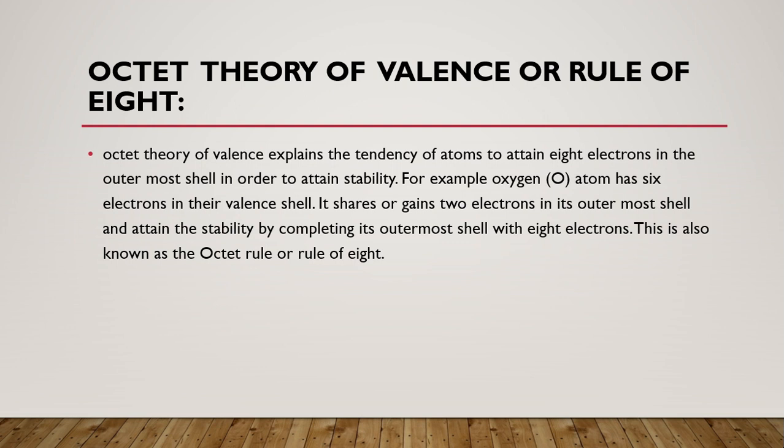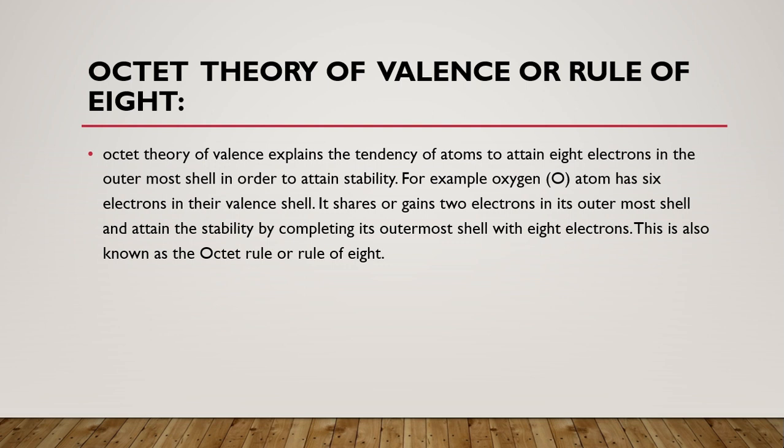So first of all, the octet theory of valence or rule of 8. Octet theory of valence explains the tendency of atoms to attain 8 electrons in outermost shell in order to attain stability. For example, oxygen atom has 6 electrons in its valence shell.